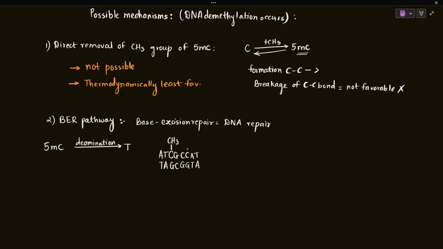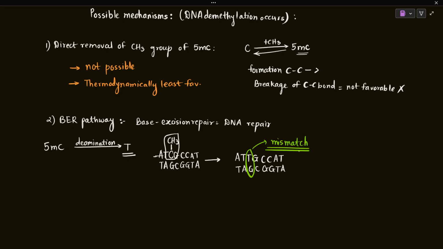Now when this 5-methyl cytosine undergoes the deamination reaction, it will be converted to thymine. So the upper strand will somewhat look like this: A T T G C C A T, and the lower strand will be the same: T A G C G G T A. Here you can see a T and G mismatch is created.